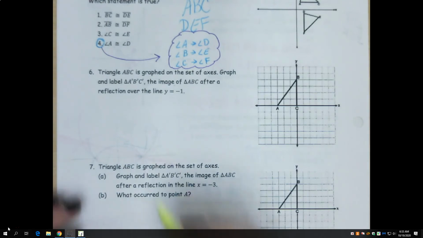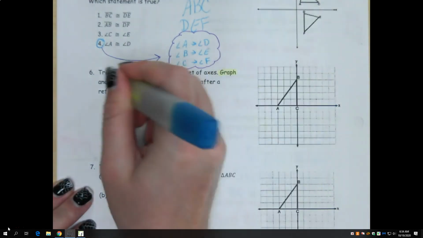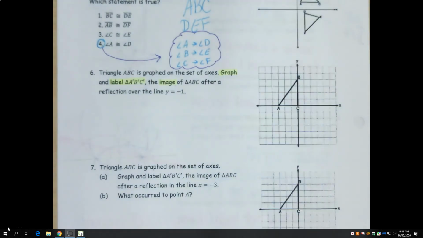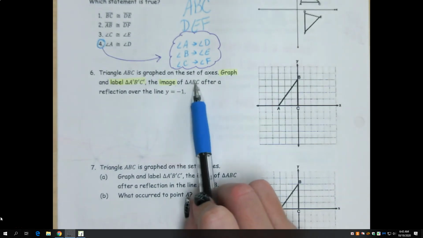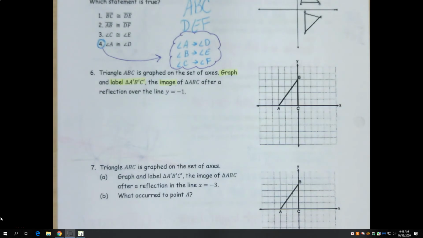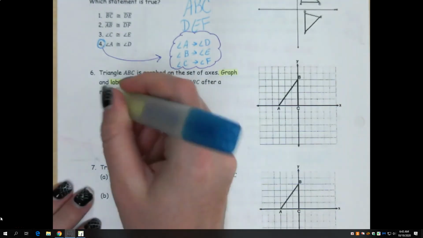If I want to graph and label triangle A prime, B prime, C prime, the definition of image is new. That means I'm going to take triangle ABC and reflect that triangle over the line y equals -1. So I'm going to highlight that as well.